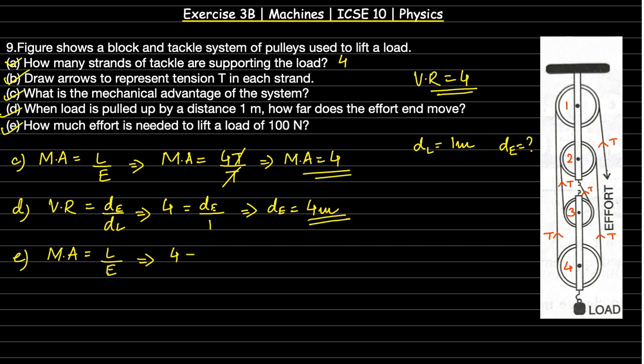So 4 will be equal to load is 100 newtons, so that is 100 divided by effort, we are supposed to write it as E. So the effort happens to be 100 divided by 4. So the effort is 25 newtons.